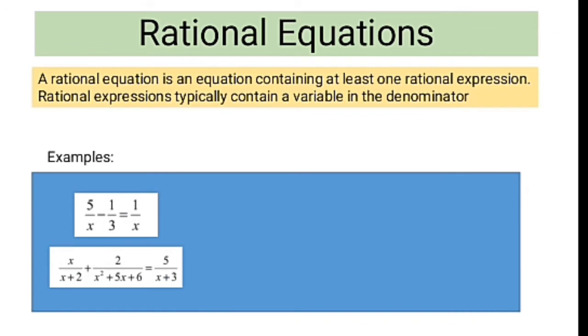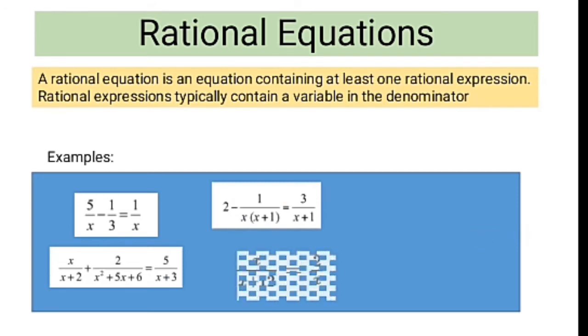Another is x over x plus 2 over x squared plus 5x plus 6 equals 5 over x plus 3. Then another example is 2 minus 1 over x times x plus 1 equals 3 over x plus 1. The fourth example is x over x plus 12 equals 2 over x.